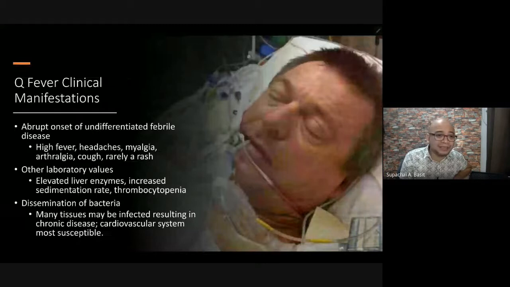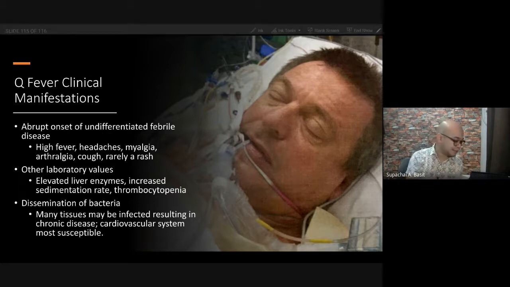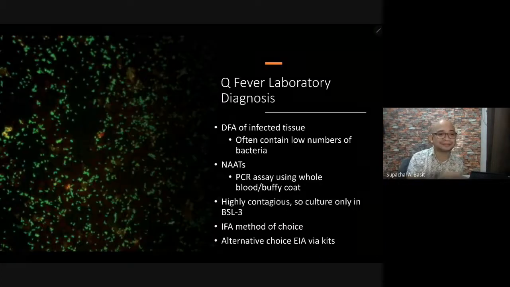So other laboratory values would include elevated liver enzymes, increased ESR, and thrombocytopenia. ESR increases in inflammation. I hope that you knew that already. And then dissemination of bacteria. So many tissues may be infected, resulting in chronic disease. Cardiovascular system would be most susceptible. Okay, so ibig sabihin yung heart pala natin would be most susceptible in cases of Q fever.